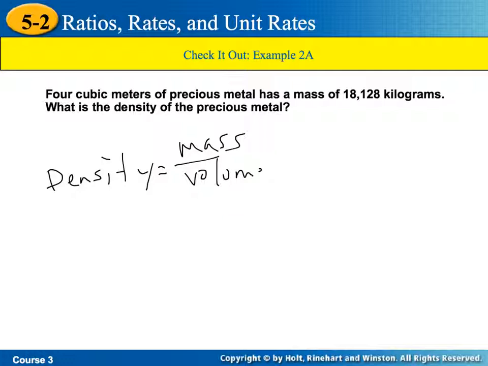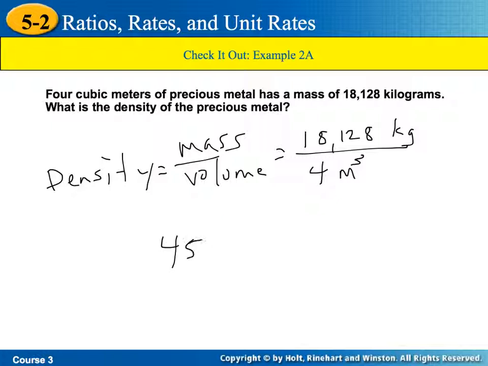Okay, when you do that, you will get 18,128 kilograms over 4 cubic meters. Okay, how do you get that to be 1 cubic meter? Well, you need to divide. When you divide that out, take 18,128, again, use your calculator, 4,532 kilograms per cubic meter.